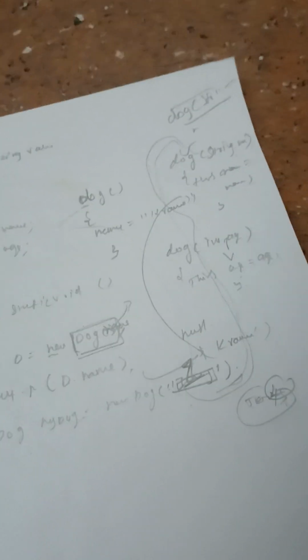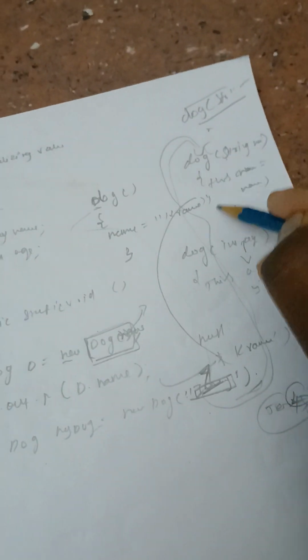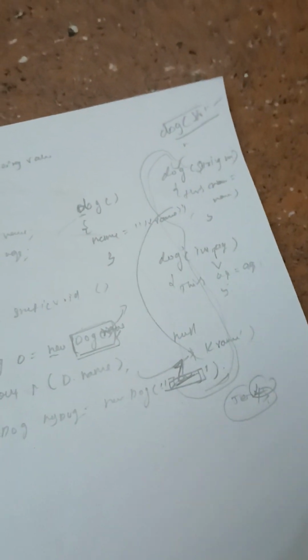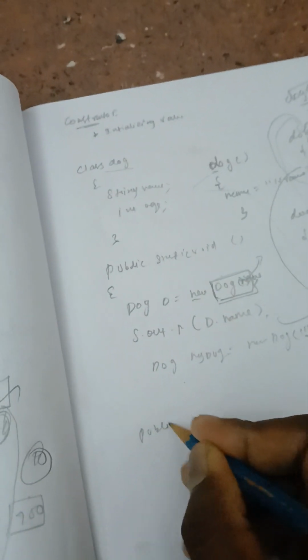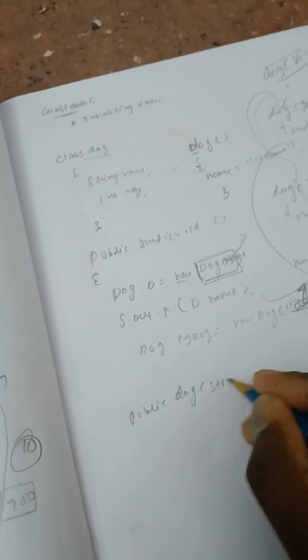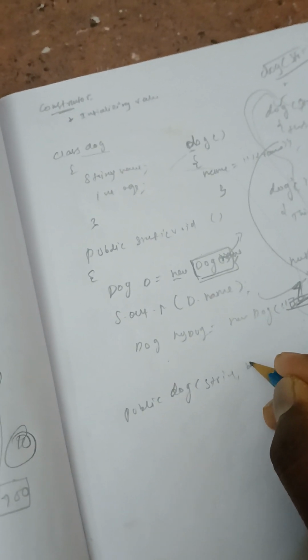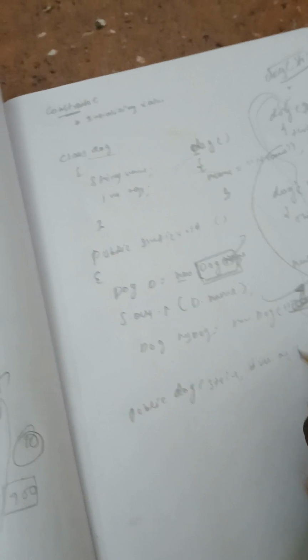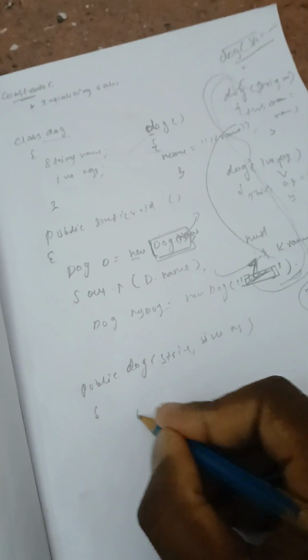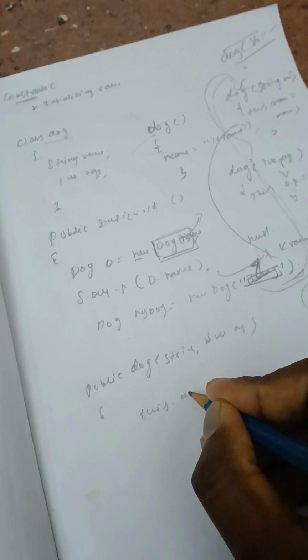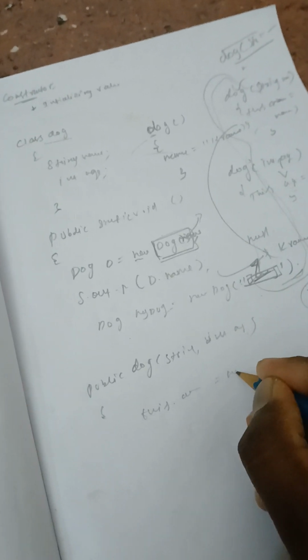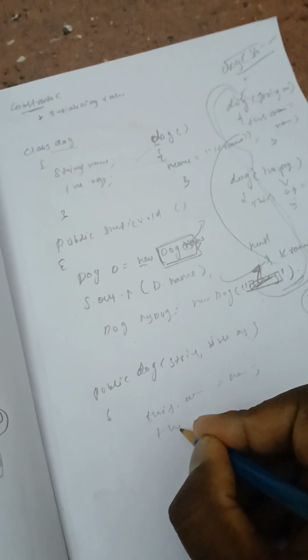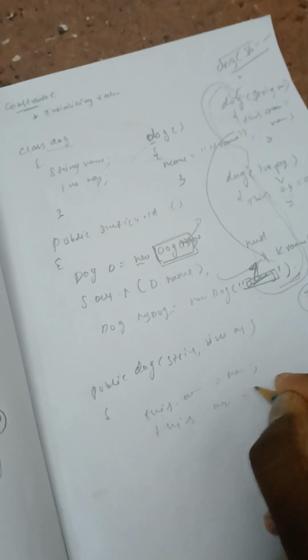Let's say we create a constructor with two parameters instead of two separate constructors. Create a public Dog(String name, int age), with this.name = name and this.age = age.